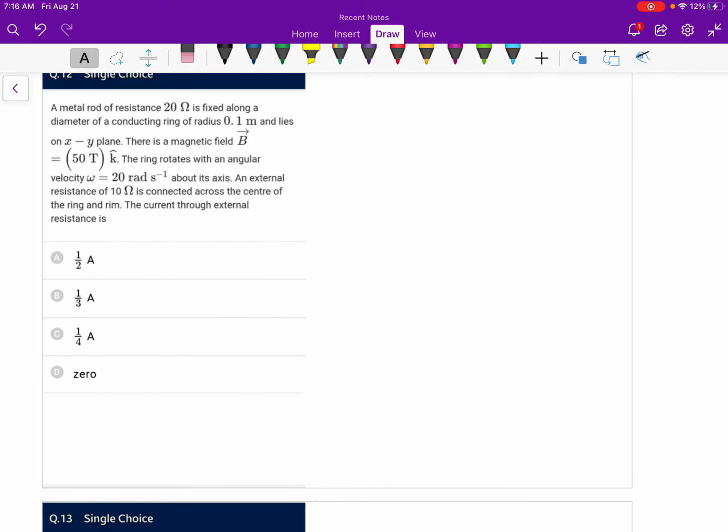A metal rod of resistance 20 is fixed along a diameter of a conducting ring. So we have this conducting ring, and a metal rod is fixed along its diameter, and magnetic field is normal to the plane, and this system is rotated with angular velocity omega, and there is an external resistance.